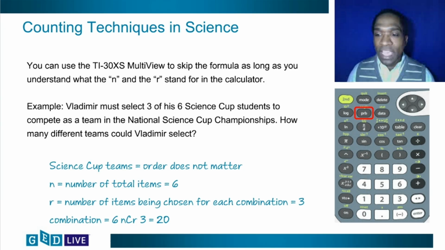To use the combination and permutation functions on the calculator, simply type the N number, press the PRB button, then use the arrow button to highlight 1: nPr for permutation, or 2: nCr for combination. After that, click Enter, then type the R number. After that, press Enter again for the solution.